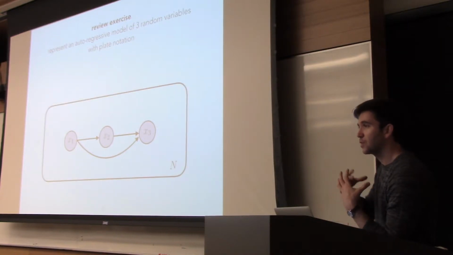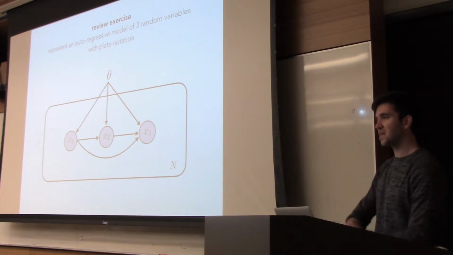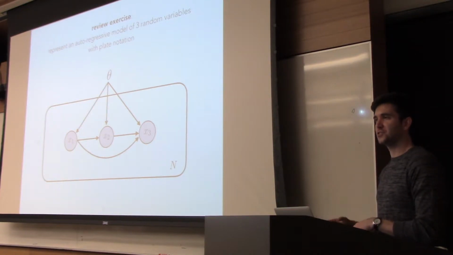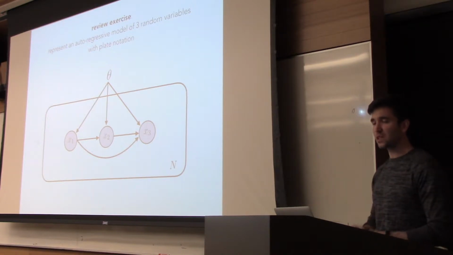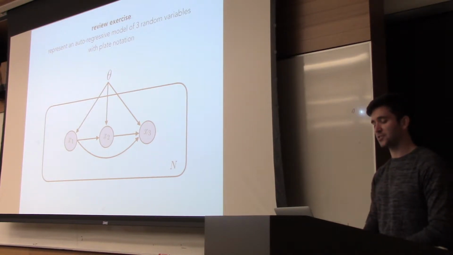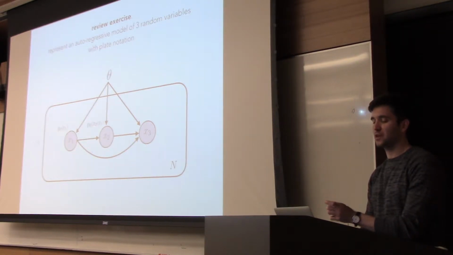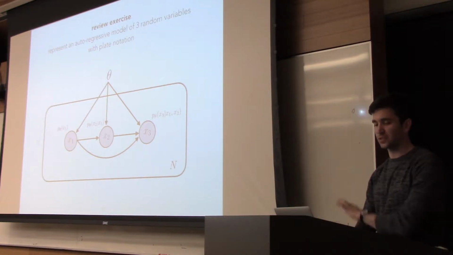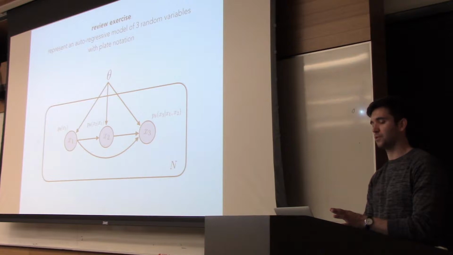And then we have, again, n examples of this. We put this plate around the variables. And then in all of these conditional probabilities, we have these parameters theta that are helping in this generation process. So again, we have first some distribution over x1, then we generate x2, and then we generate x3. So that's plate notation for these simple, fully observed models that we've seen before.